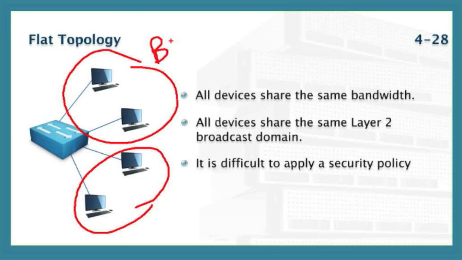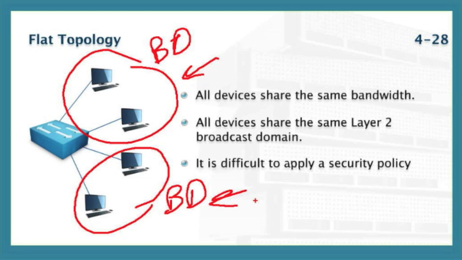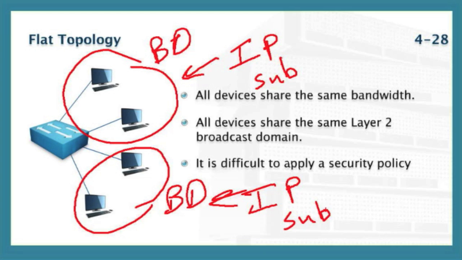So maybe we put these 2 in their own broadcast domain, and we put these 2 in their own broadcast domain. In order to put people in their own broadcast domains, we put them in different IP subnets. Specifically, these 2 machines will get one subnet, and these 2 machines will get another subnet. And that's how we can make sure that we don't have an issue with too much broadcast.